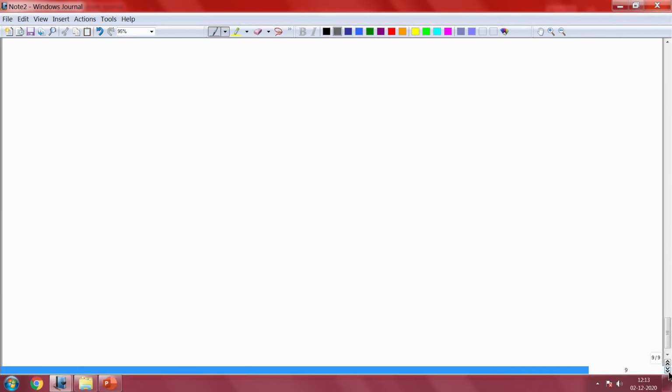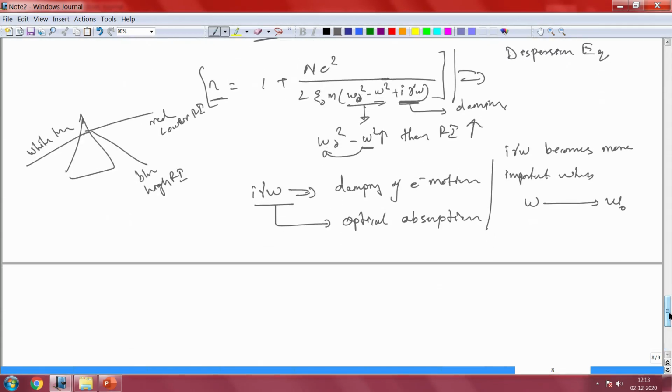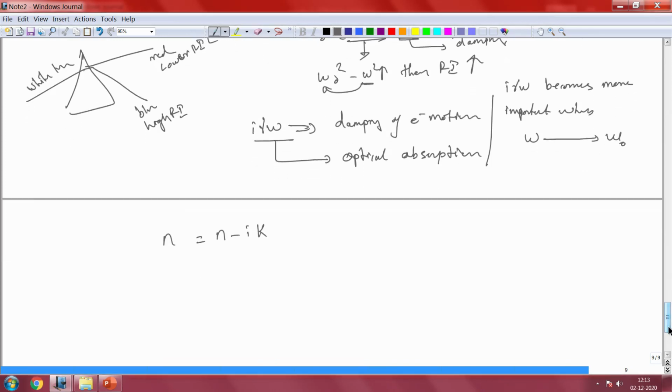Let us look at how one can represent that. Because you have the imaginary term here, you can write the refractive index as a complex number. Let us say n is the refractive index; you can write it as n minus ik. Here n is the real part of the refractive index, and k is the imaginary part, which we call the extinction coefficient or absorption.